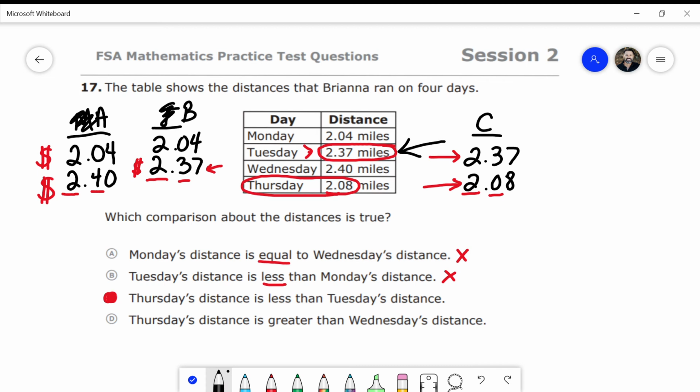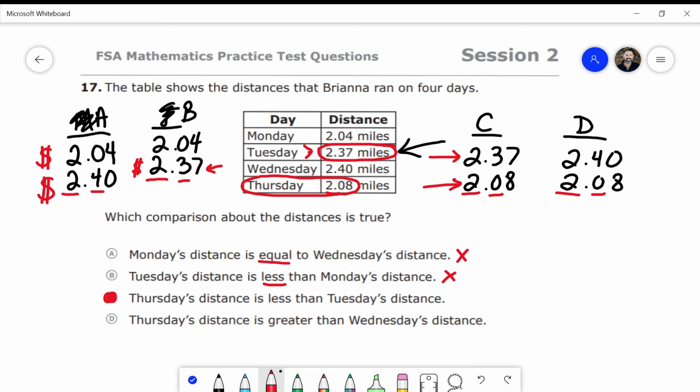And just to confirm, we'll look at letter D. It says Thursday's distance is greater than Wednesday. So Wednesday is 2 40/100ths, and Thursday is 2 8/100ths, right? And so starting with the greatest place value, the ones, they're the same. The tenths is where we see a difference.